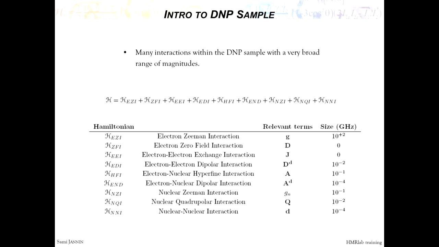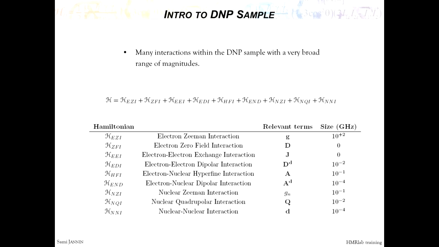In our conditions, it's 200 gigahertz. So it's a lot of energy. This term contains a lot of energy. Electron zero field interaction and exchange interaction, we will not talk about, because it's only for very, very proximate electrons. It's for highly concentrated samples or for biradicals.